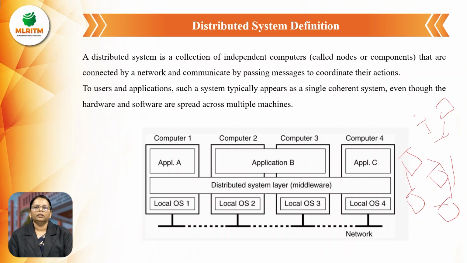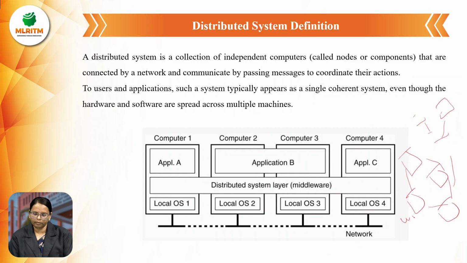We have different computers that communicate using messages like request and response. Here we have a front end server, back end server, database server and payment server. These are all different computers communicating through messages.